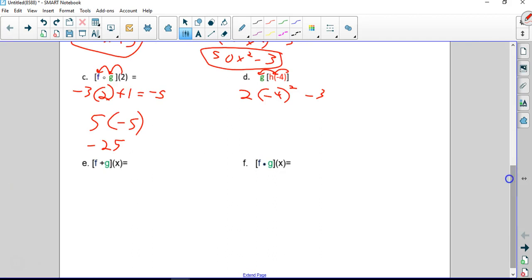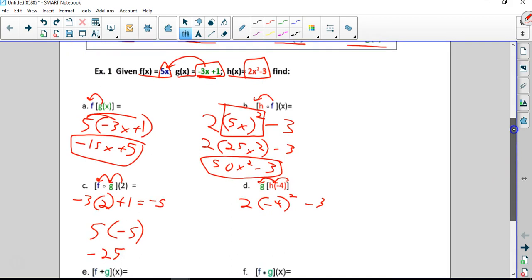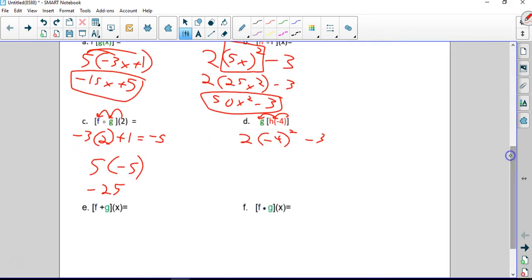So remember, h was 2x squared minus 3. And I'm putting negative 4 in for x. I'm going to evaluate it. So negative 4 squared is 16. Times 2 is 32. Minus 3 is 29.